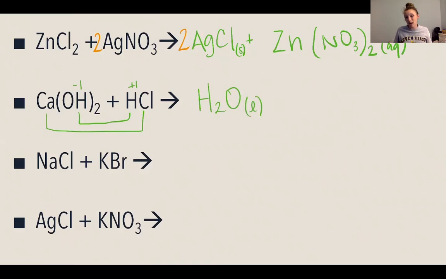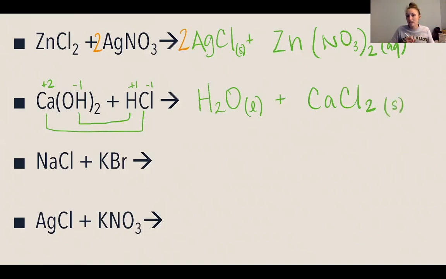And that also tells me right off the bat that this reaction is going to happen. It doesn't really matter what my other product's going to be. I have a liquid there. Okay, my other product, I'm going to have calcium, which has a charge of +2, paired up with chloride, which has a charge of -1. So my other product is going to be CaCl2. And no alkali metal, no nitrate, no acetate.